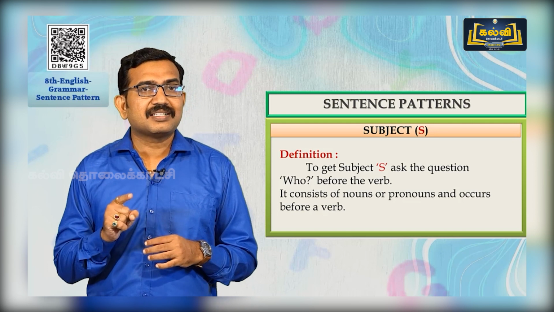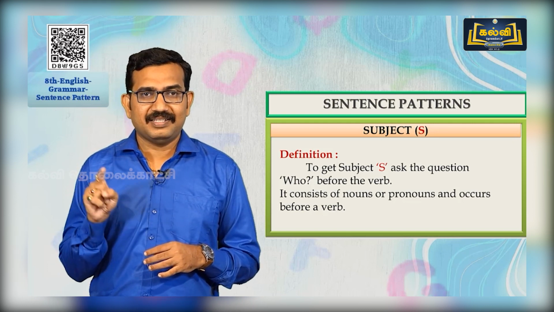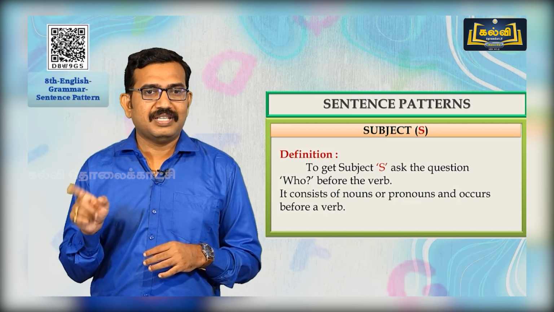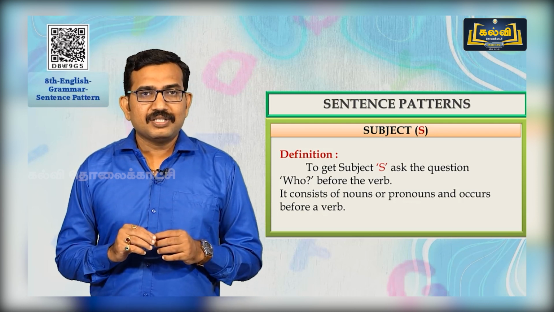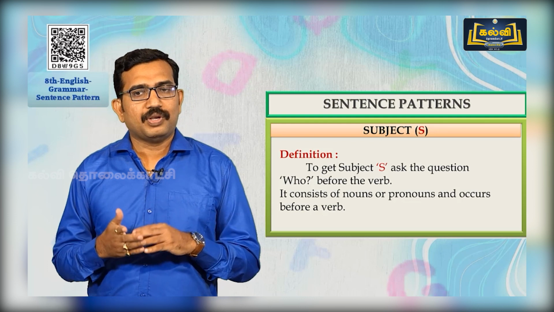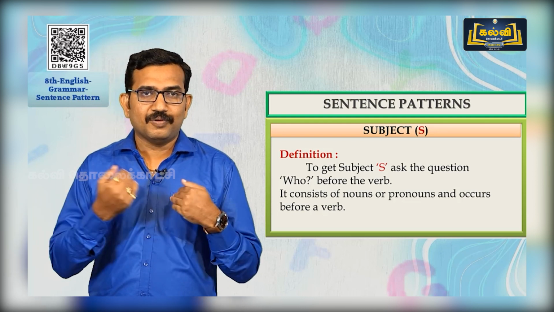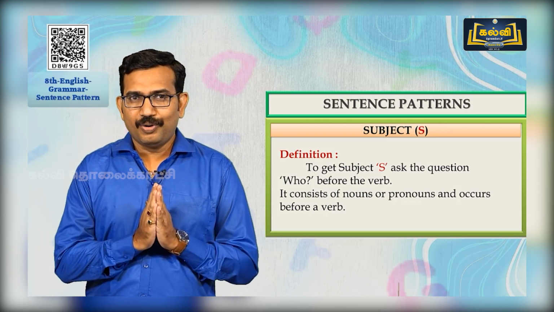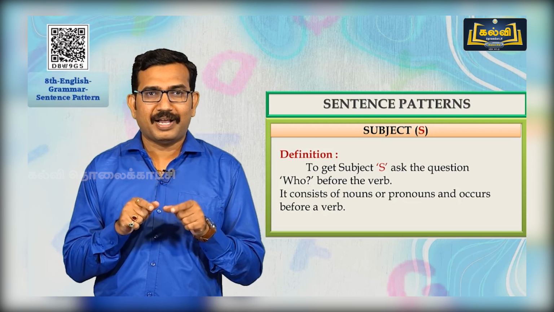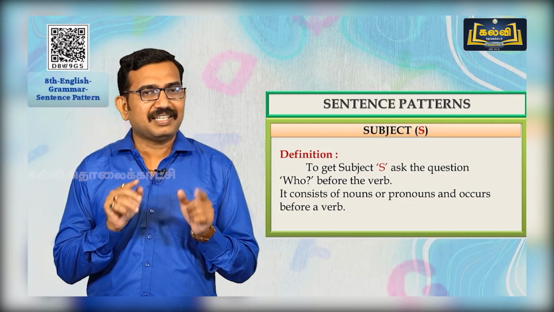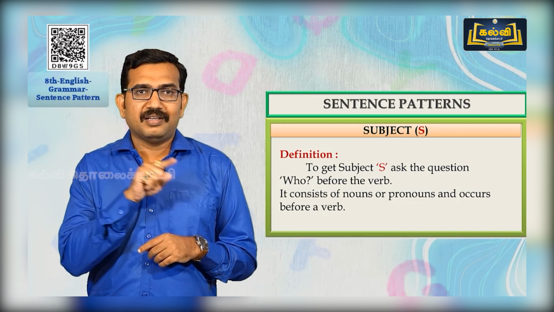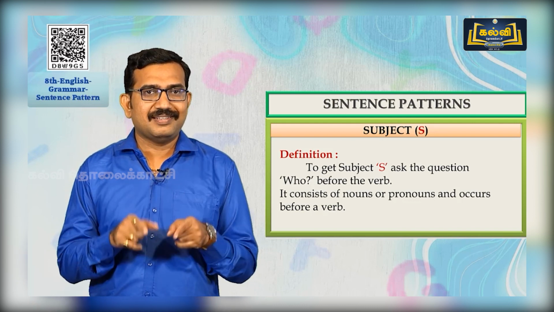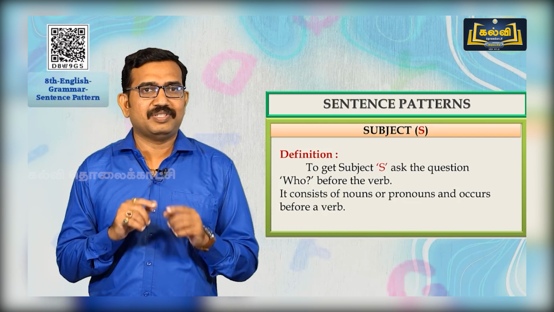You should ask who has done this. It consists of a noun or a pronoun and occurs before a verb. This is the clue, so you have got a clue how to identify a subject in a sentence. When you ask the question who, in any sentence, who has done that is the subject.